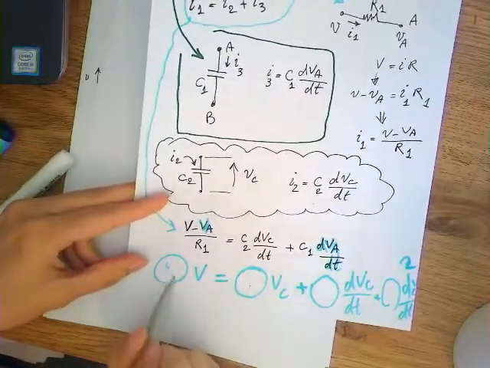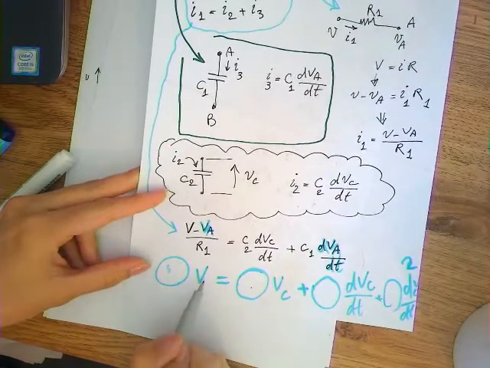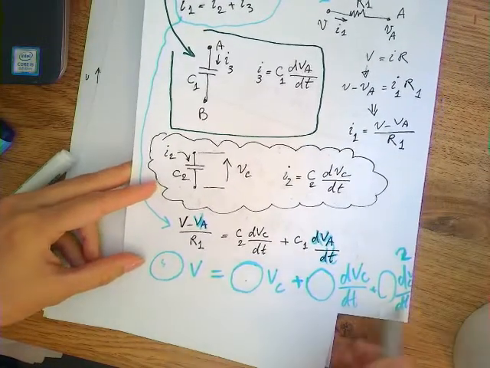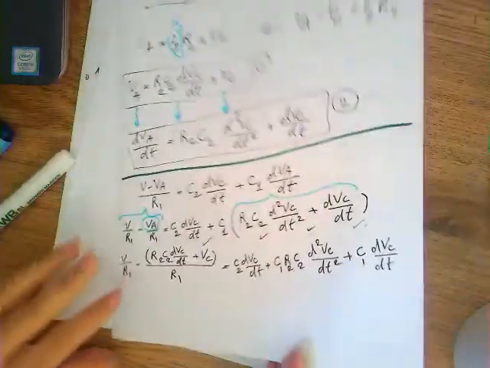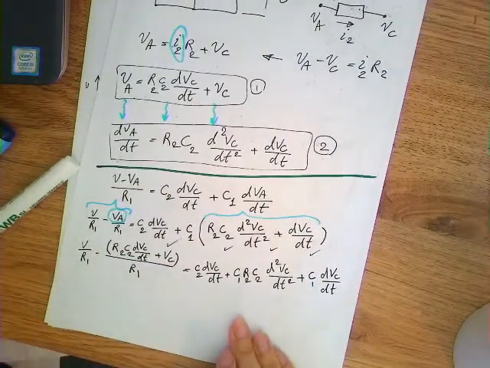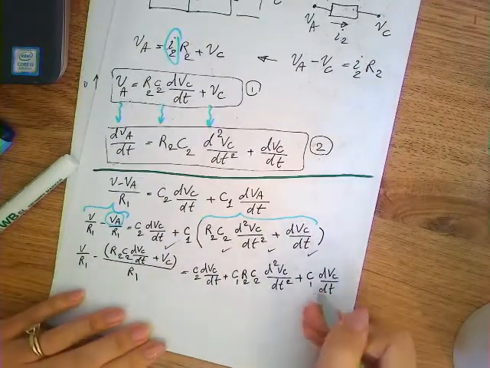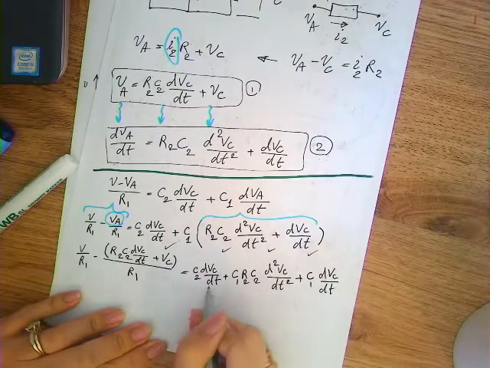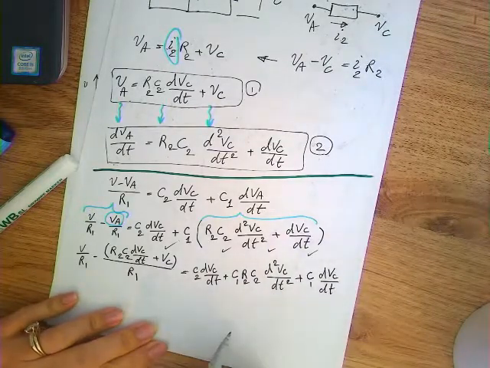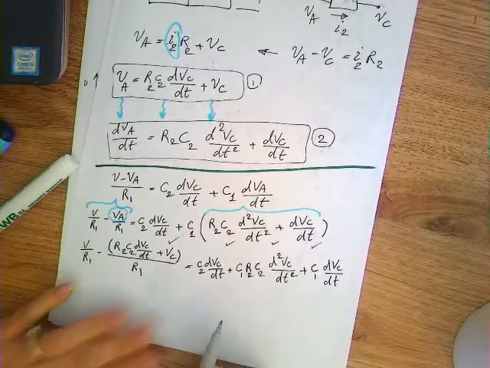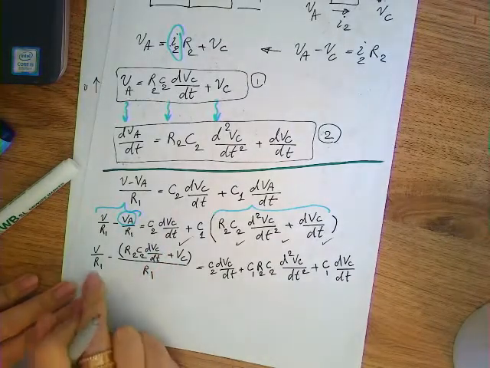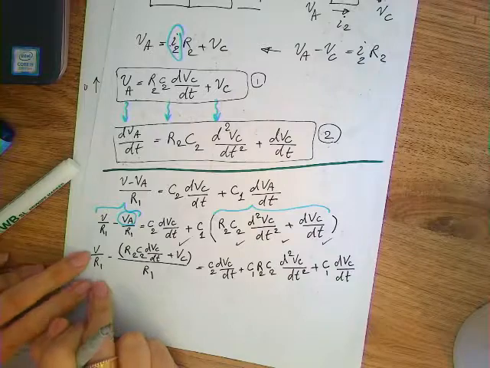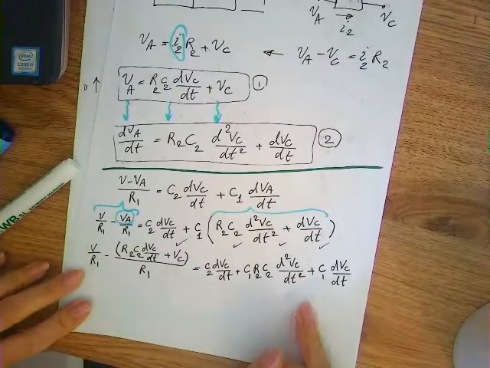Remember what I explained? The plan is to have something multiplied or divided or whatever in V on one side, and the other side should be Vc or some order of Vc with some constant multiplied or divided. So in that respect, I'm okay here. I just need to factorize and make it look a little bit better. On the other side, I'm okay. I have Vc, dVc, and V here. So I need to keep the V and write it in a cleaner way.